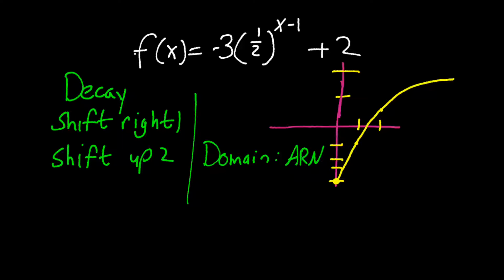It's never going to get to 3 or 4. It's going to stop at 2. So we say that for our range, it's everything below 2. So our range would be y is less than 2. Because it's going to keep getting closer and closer and closer.